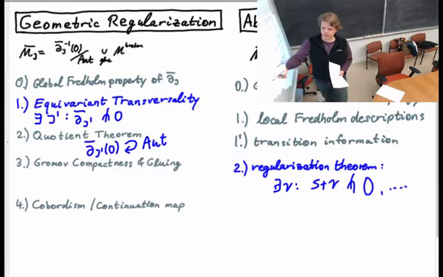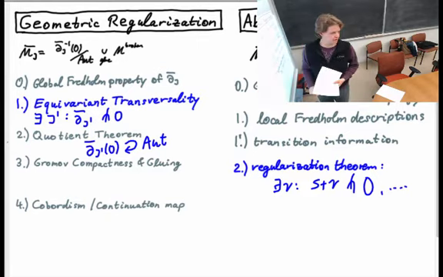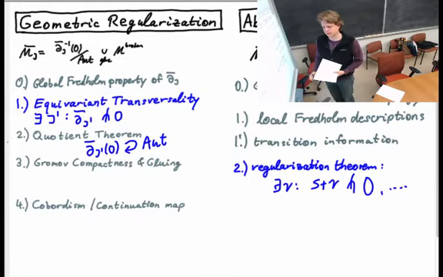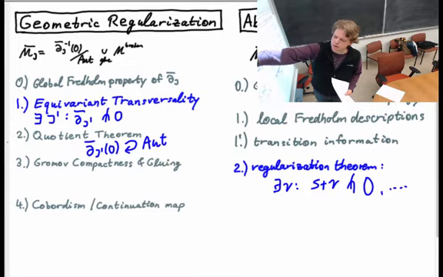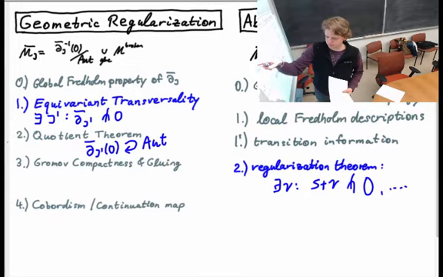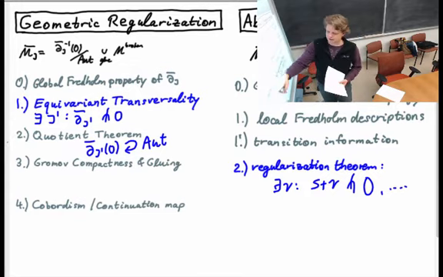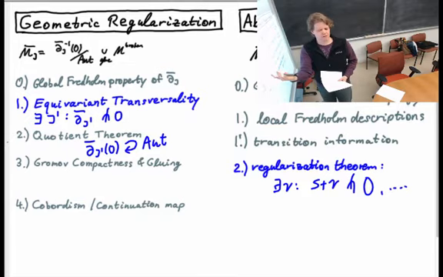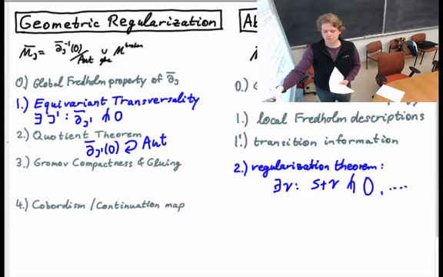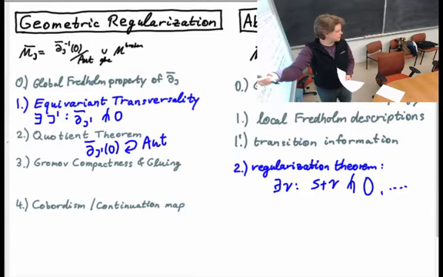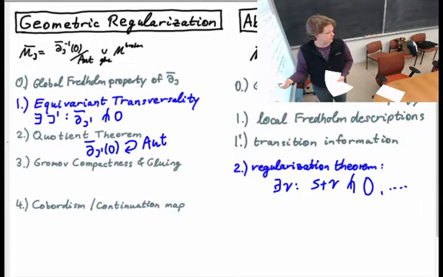That's what we mean by equivariant transversality. And you would then also like to say that, although I've just added some perturbation to my PDE, that perturbation was equivariant. Good.